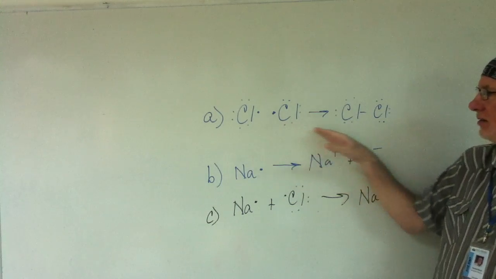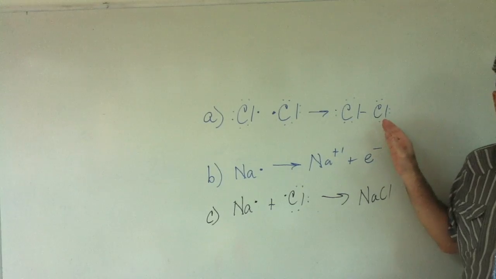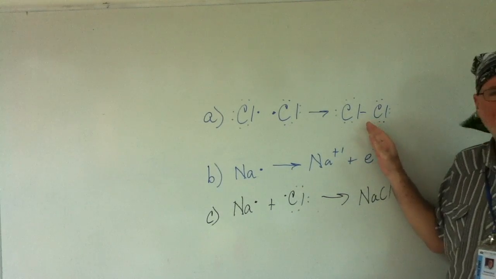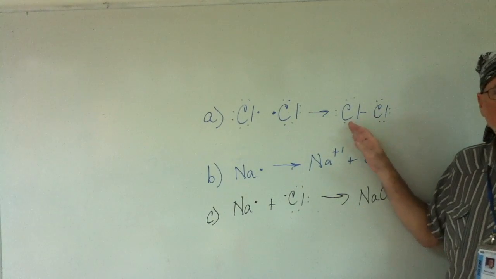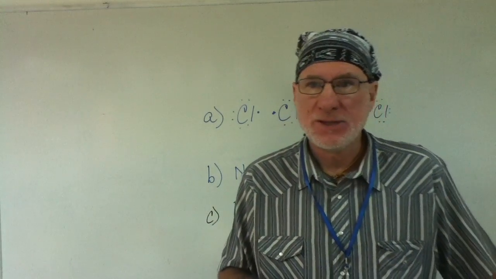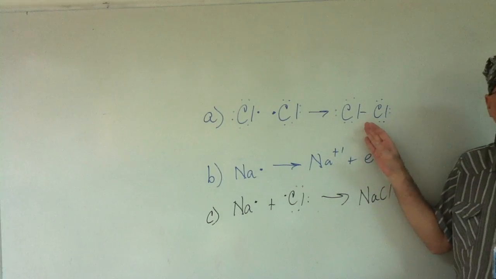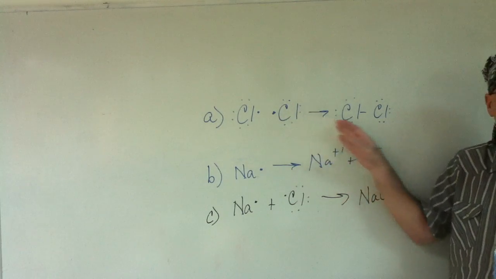Here, you're forming argon electron configurations for both chlorines. So that's going to be very stable. You can just reason it through that that's going to be exothermic because you're going to increase stability.